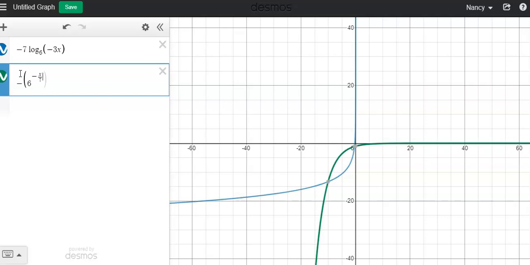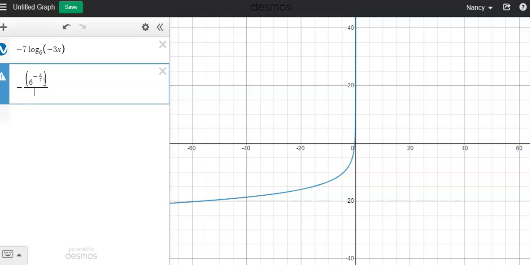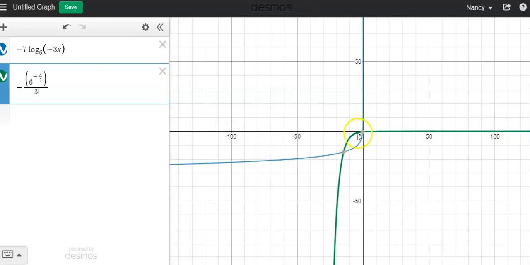And then I'll hit tab. I'm going to come back down here. There we go. Okay, parentheses, and then my forward slash button to put the 3 underneath it. So just shift 6 for exponents and parentheses when you want something more than just a number to be in the numerator. And you can see that these were inverses of each other, and they reflect across the y equals x function.